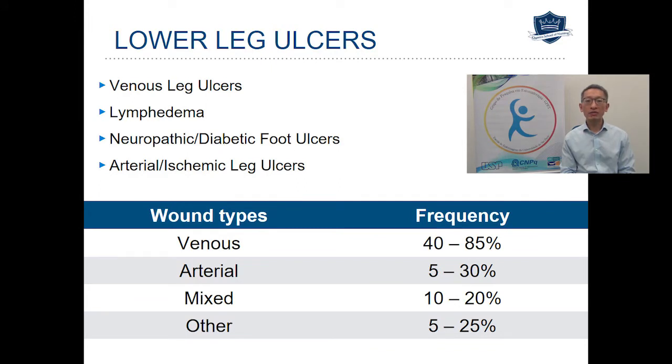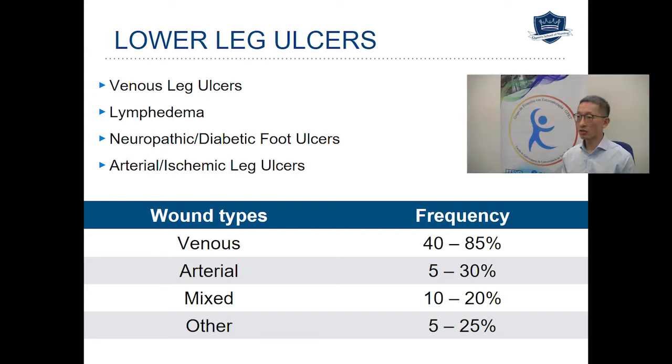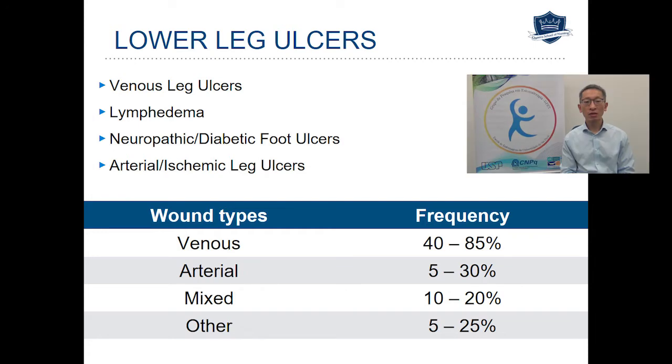And when you look at the different types of lower extremity ulcers and diseases, the most common problem that we come across are venous insufficiency related ulcers, or venous leg ulcers. They constitute about 40 to 85% of those individuals who present to us with ulcers. And then about a range of 5 to 30% with pure arterial disease.